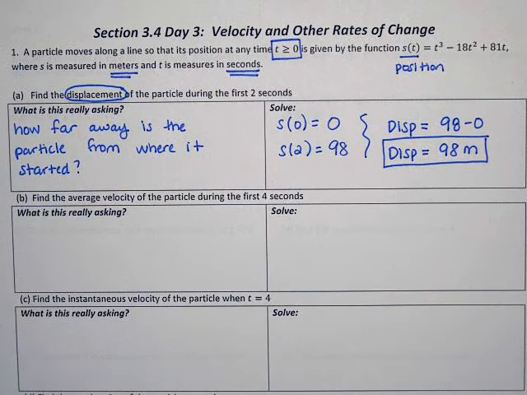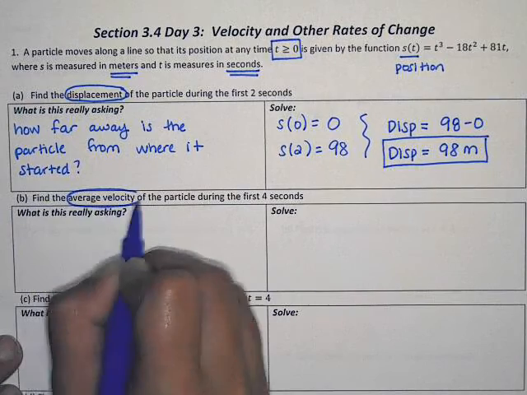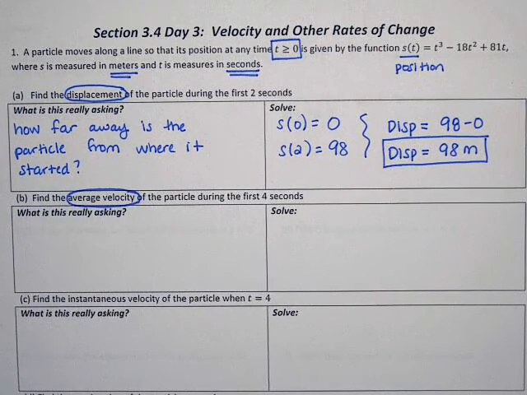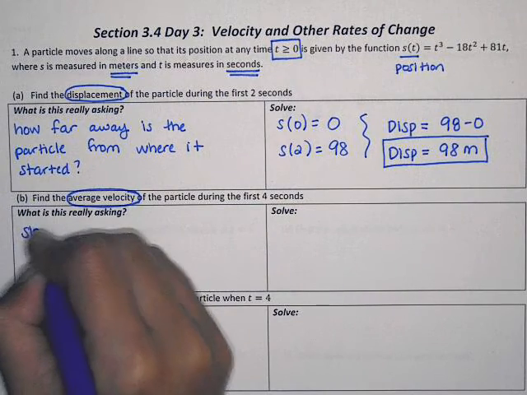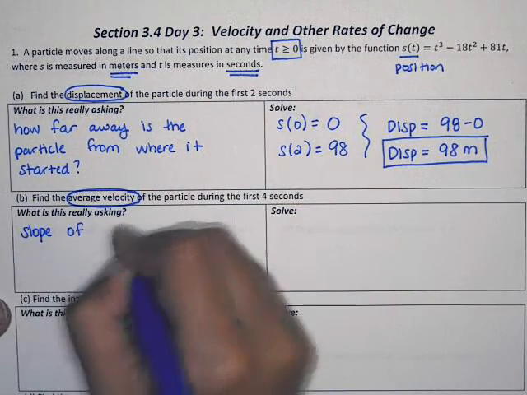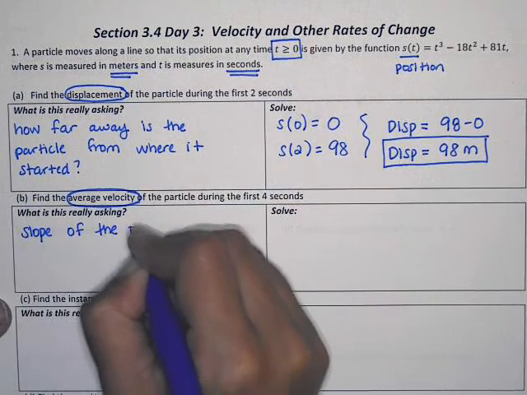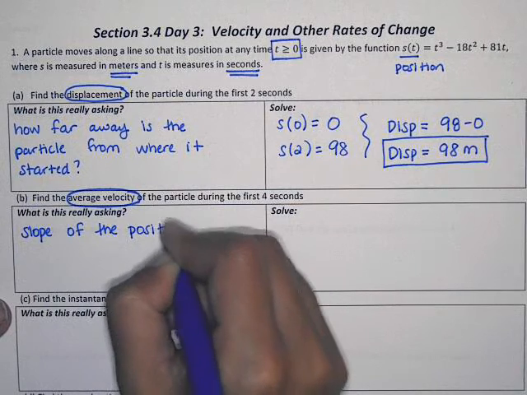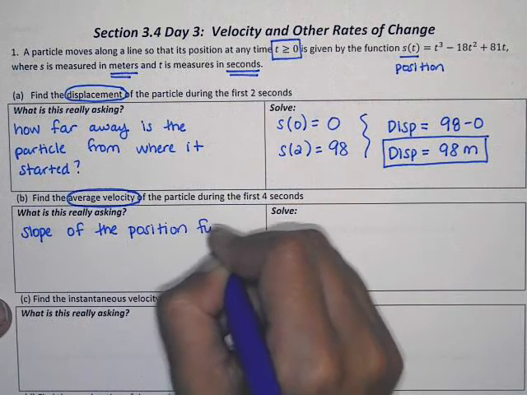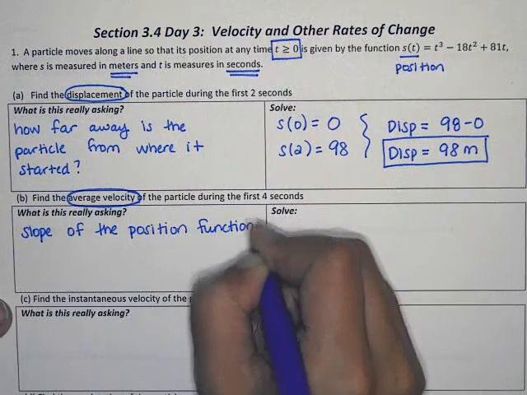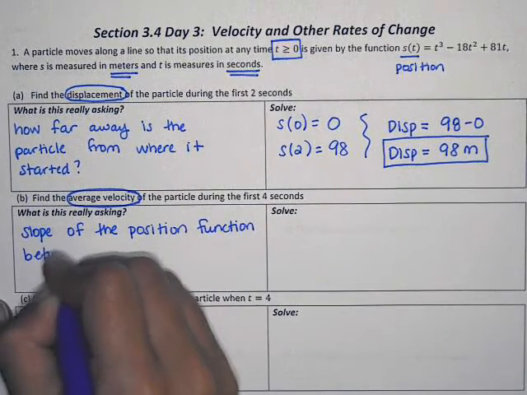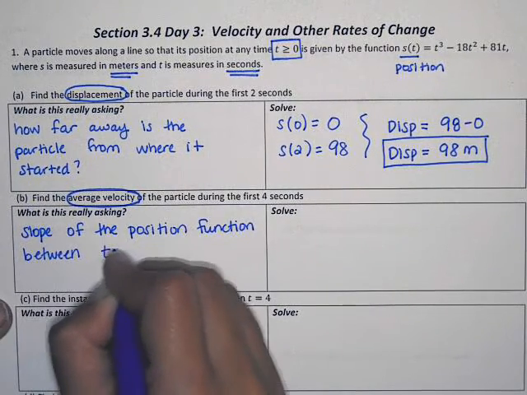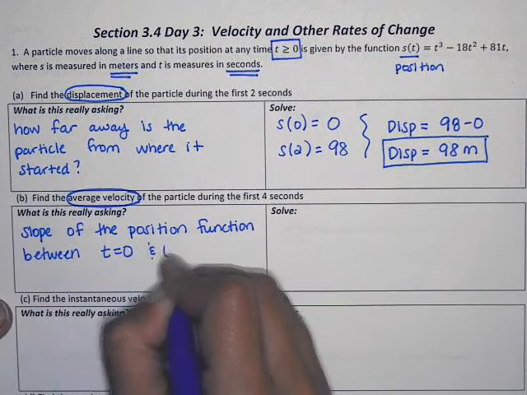The second kind of question I might ask is find the average velocity of the particle during the first 4 seconds. So what is this really asking? This is asking for the slope of the position function between t equals 0 and t equals 4.